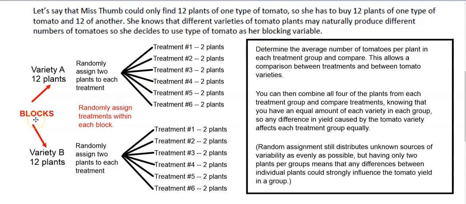Okay, so the blocks then would be 12 plants of variety A and 12 plants of variety B. Notice that within the block, the plants are the same for that characteristic. Once you have the plants divided into blocks, then you proceed like we did with the 24 plants. You're going to randomly assign plants to treatments. Since there are 6 treatments and 12 plants, we're going to randomly assign 2 plants to each treatment.